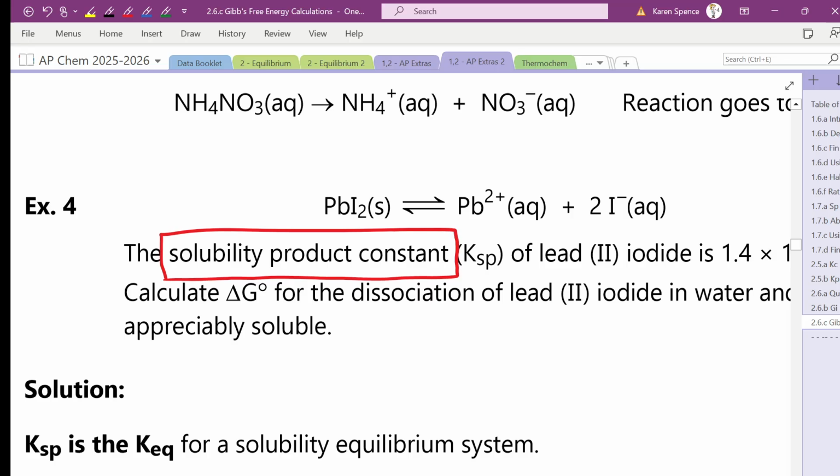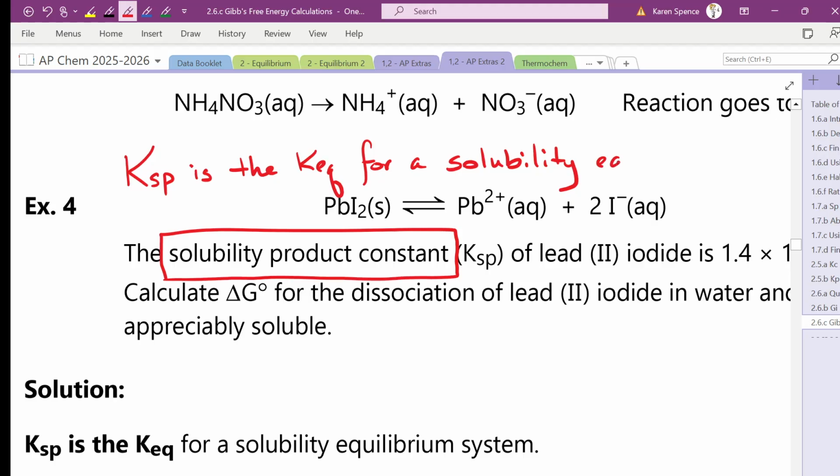It's a solubility product constant, but it's basically just a KEQ for a solubility equilibrium. This is going to be unit 3, which we're going to do after unit 4. KSP is the KEQ for a solubility equilibrium.